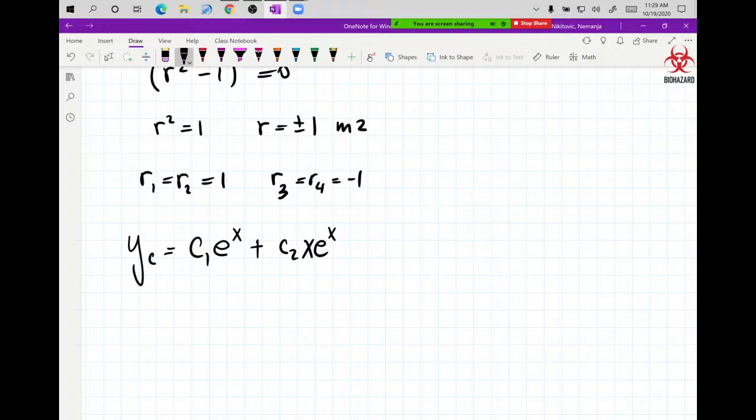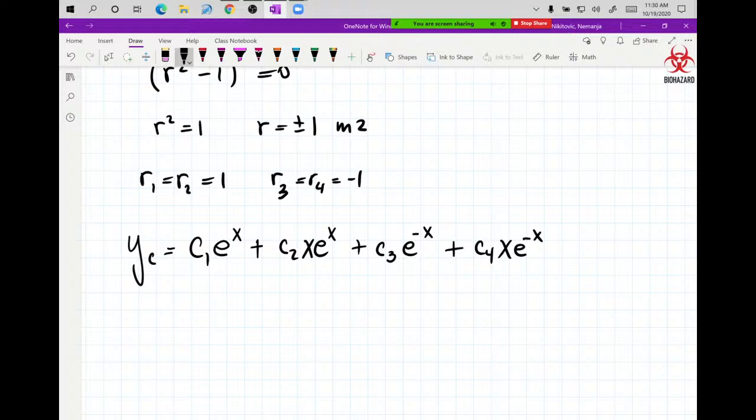Because you have repetition. And then you have plus c3 e to the negative x plus c4 x e to the negative x because of repetition. So we haven't even started undetermined coefficients, and we already have a living nightmare over here.